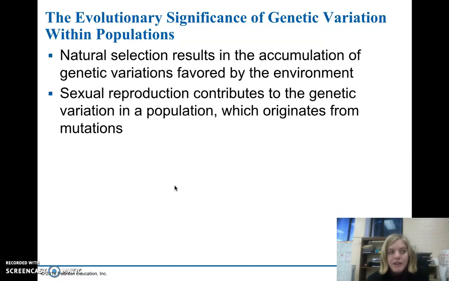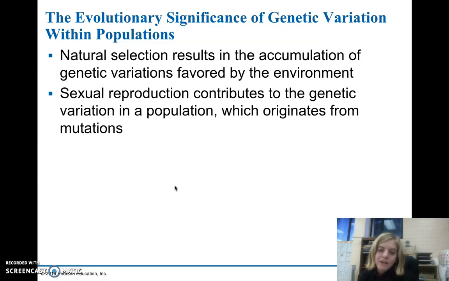But essentially, natural selection is the favoring of certain alleles over others because of the environment. So even though we get these random mutations, if we happen to get a mutation that is beneficial due to the conditions of the environment, that mutation will tend to be passed on over time, and that is how we see change in the population over time.